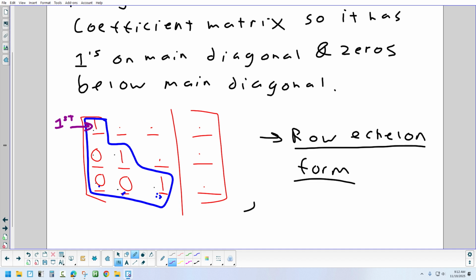You have to do that first. Second thing you want to do is get a 0 in row 2, column 1. And the third thing that you want to do is get a 0 in row 3, column 1. That's the first 3 things you have to do.